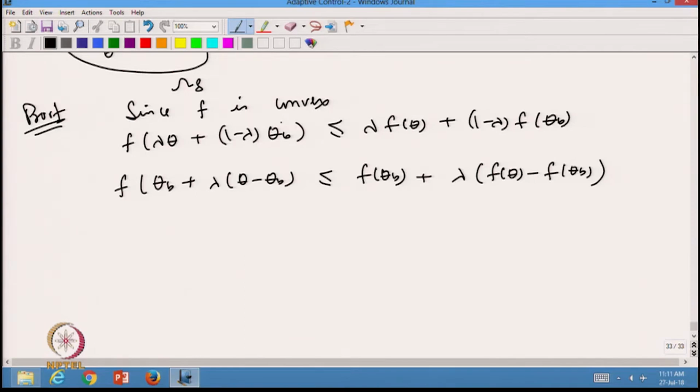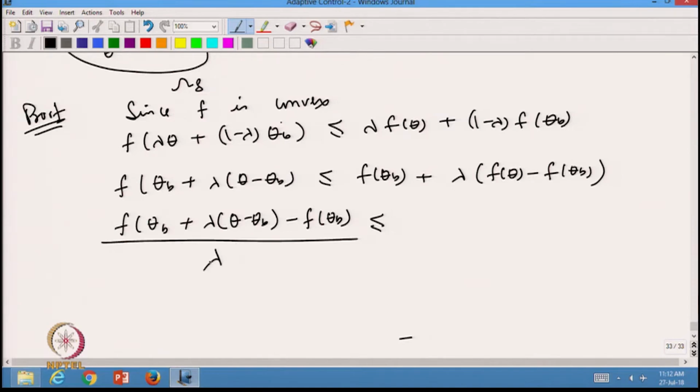Now we take this f of theta b to the other side and we divide the inequality by lambda, and what we get is f of theta b plus lambda theta minus theta b minus f of theta b, divided by lambda, is less than or equal to f of theta minus f of theta b.